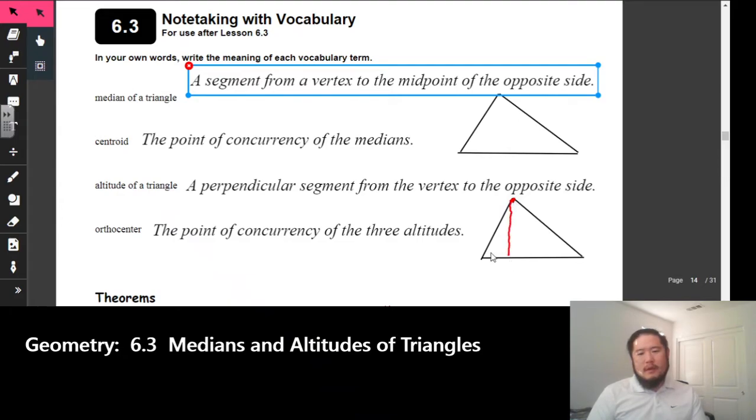Okay, let's take a look right here. From this vertex, if I were to draw a line that is perpendicular, it would probably be right around here. And I would do that. And then for the last part, we have right there, and the perpendicular would be right around here.